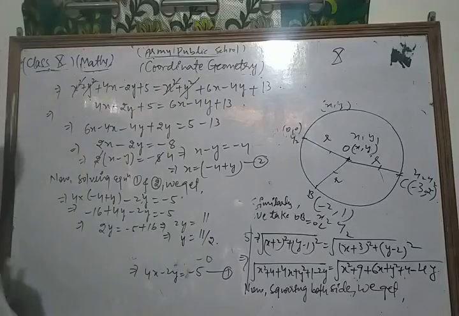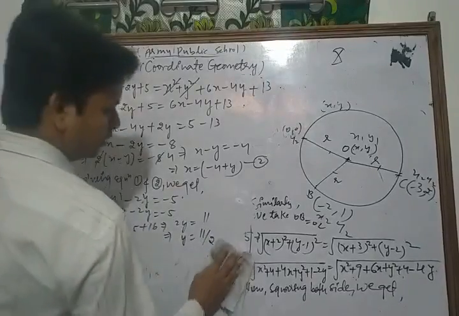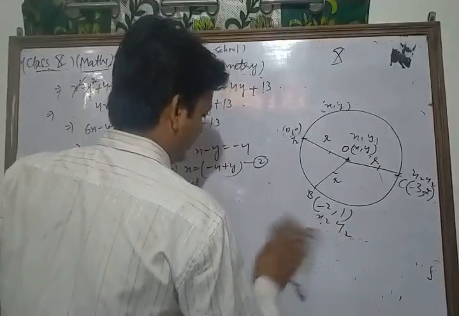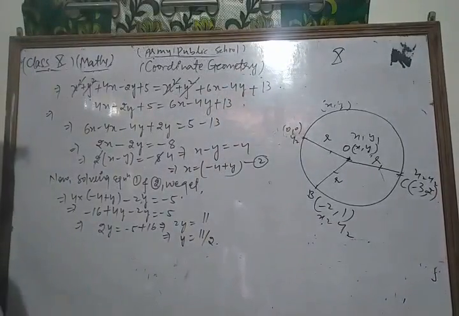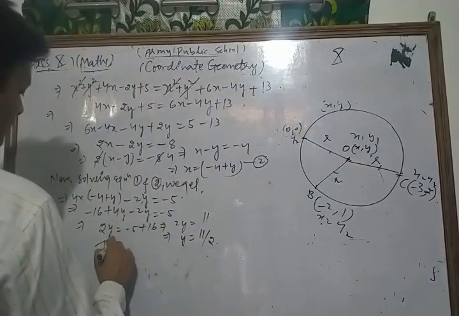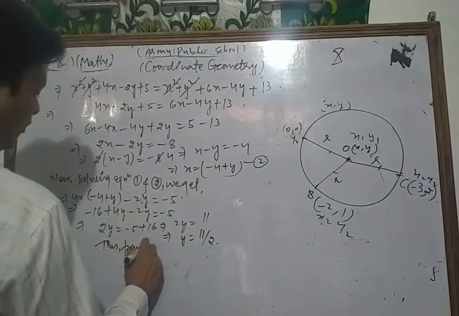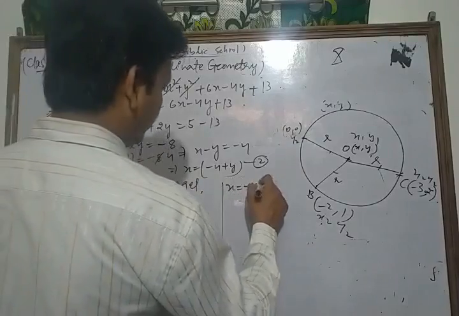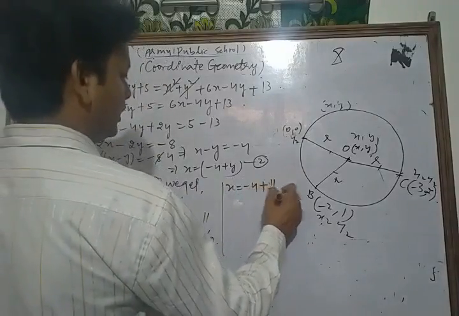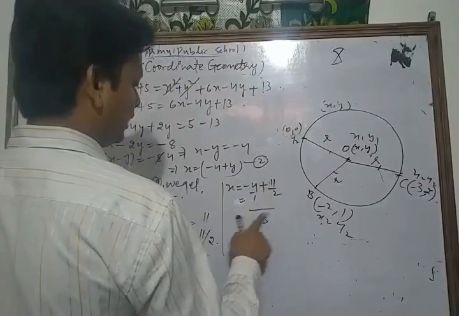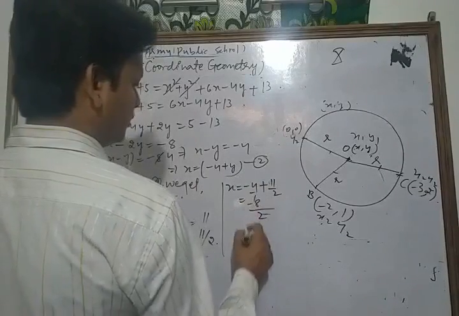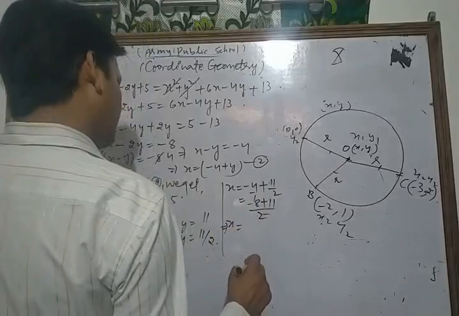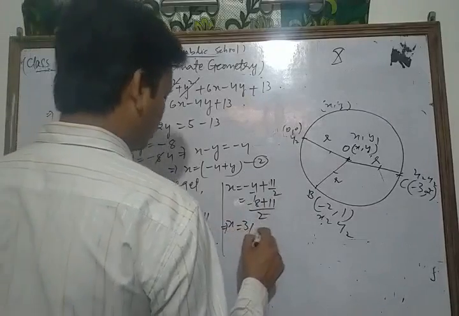Now we put the value of y in equation 2, thus from 2 we get x is equal to minus 4 plus 11 by 2. Taking LCM 2, this is minus 8 plus 11, that is x is equal to plus 3 upon 2.